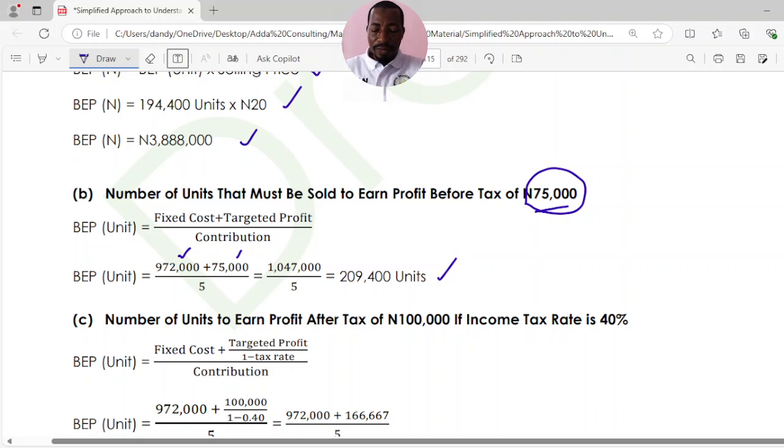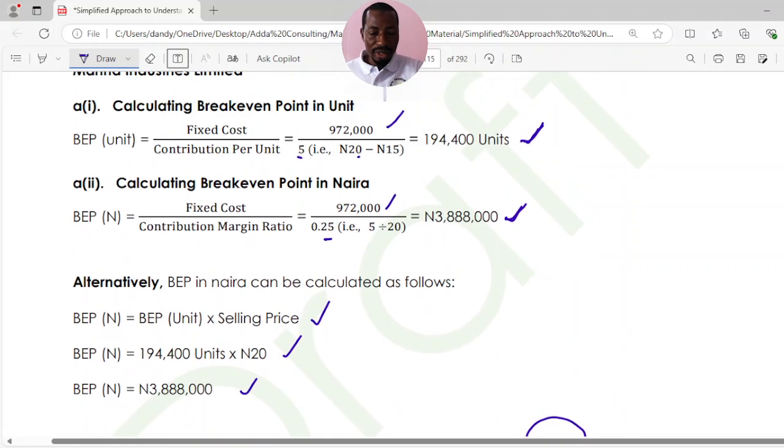If the company fails to meet these targeted units, say for example the company produces 200,000 units, the company will not be able to earn the targeted profit of 75,000. But if the company produces, say for example, 210,000 units, it means that the company will earn more profit beyond the 75,000 targeted. So that is the implication. All right, so let's go to number C of the requirement.